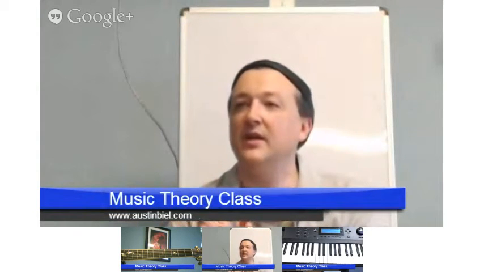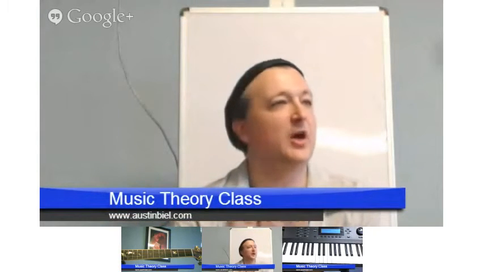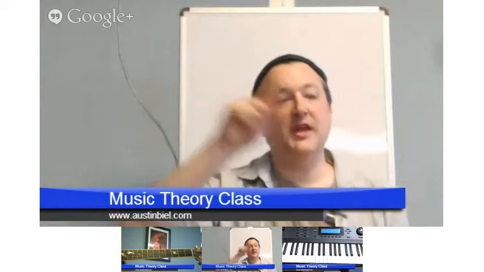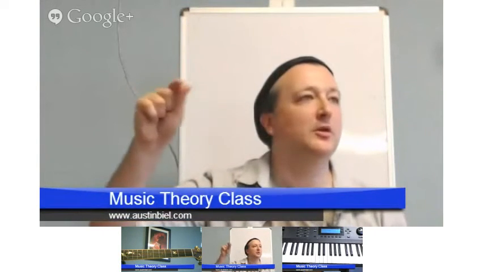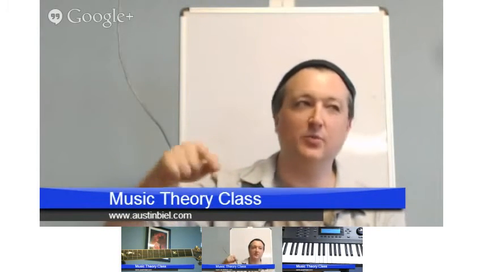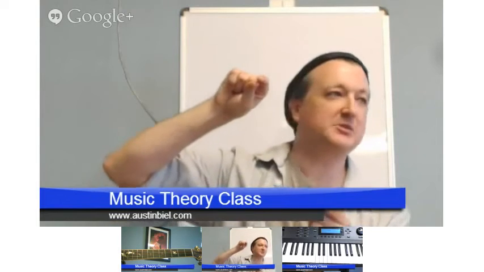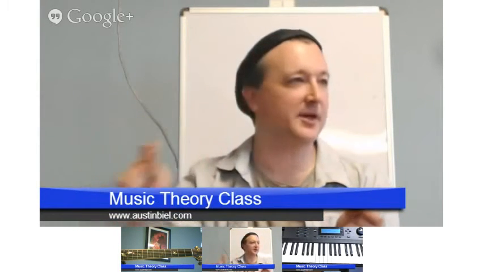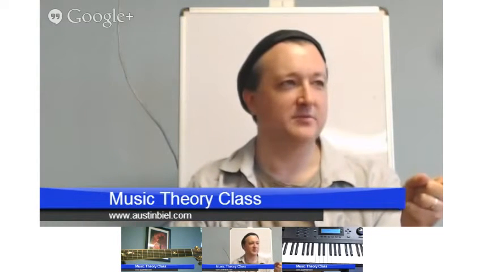The difference is when you play two notes together, you're obviously going to have one lower than the other. But when they're one after the other, the first note might be higher than the second note, in which case we're getting the distance from top to bottom, but it's because it's in succession. Question? You got it?